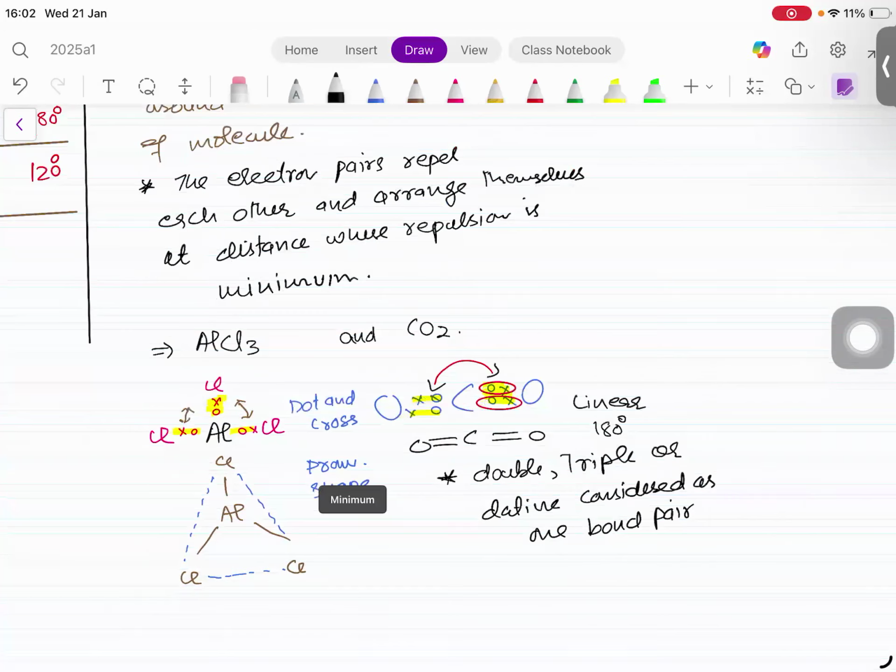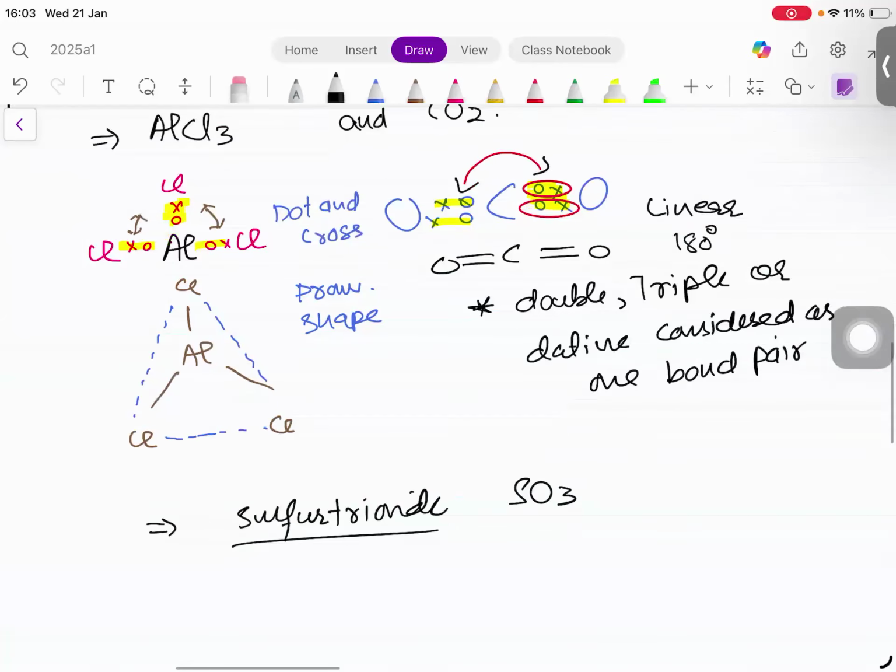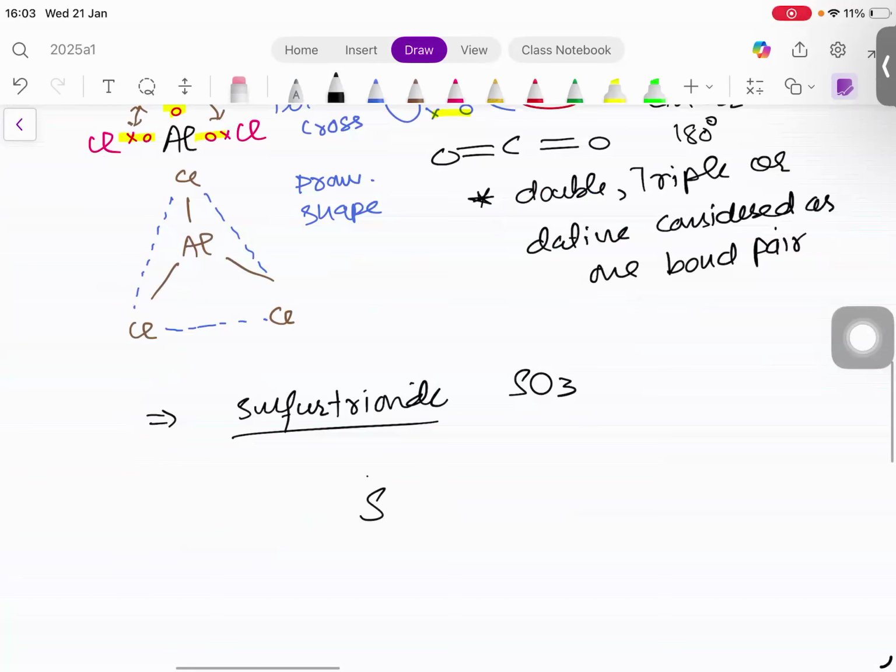For example, if I ask you again, sulfur trioxide, can you please tell me the shape of sulfur trioxide? SO3. What is the shape of SO3? First, I have to draw the dot and cross. Three double bonds around the central atom. One double bond is considered as one bond pair.